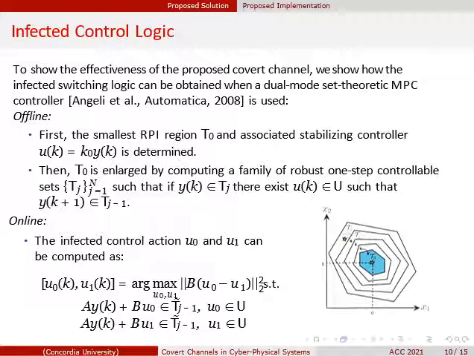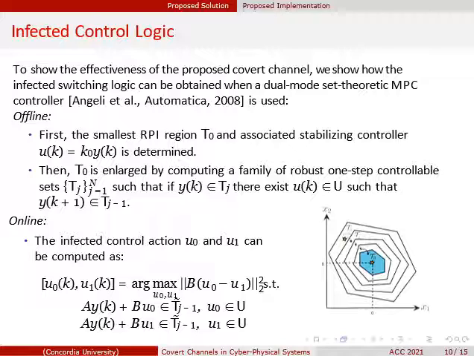Then, the RPI region T0 is enlarged by computing a family of robust one-step controllable sets, Tj, such that if the measurement signal yk belongs to the outer set, there always exists a control input uk that drives the state of the system one set ahead inside the family of one-step controllable sets until it reaches T0.